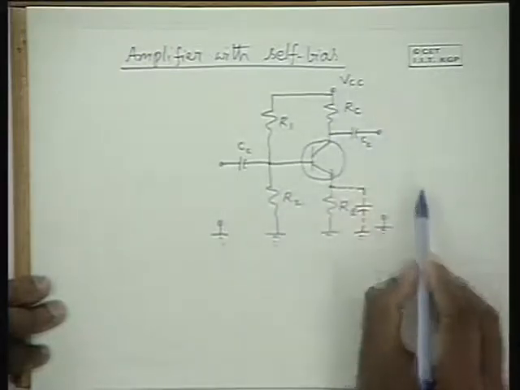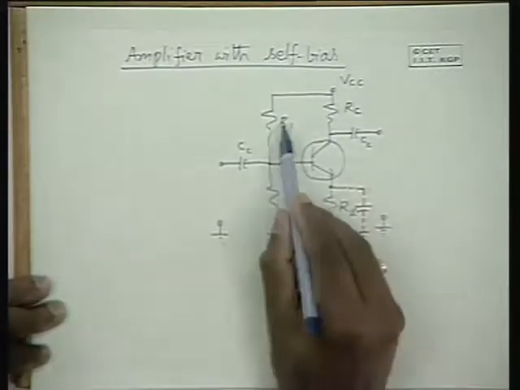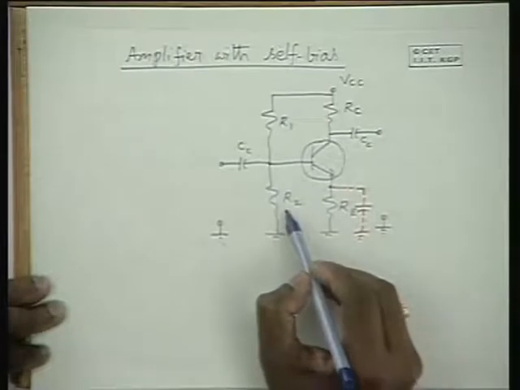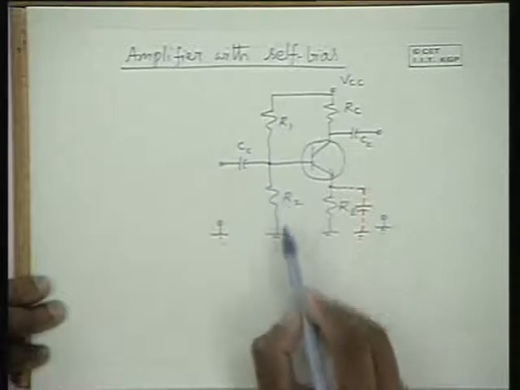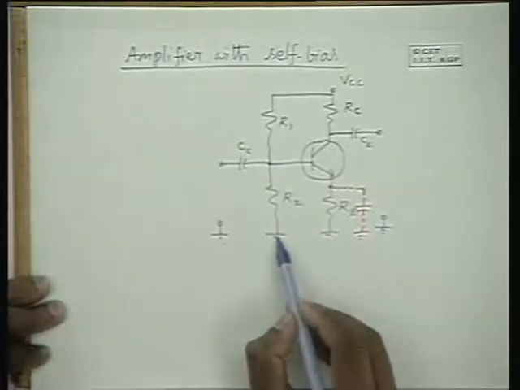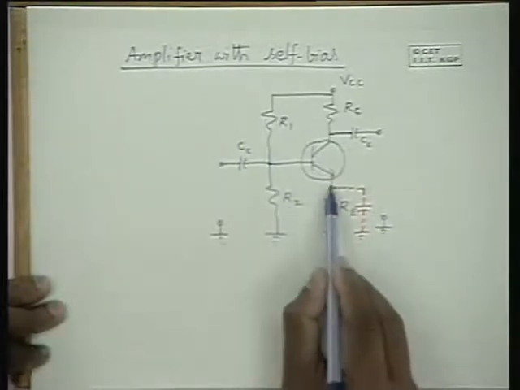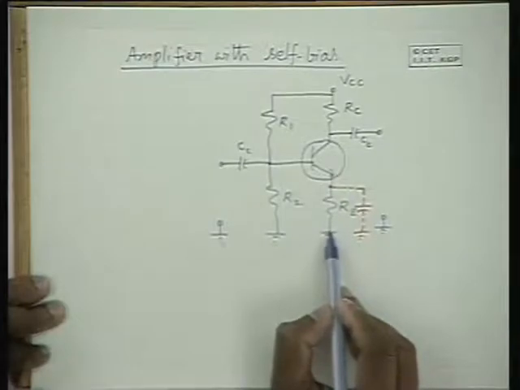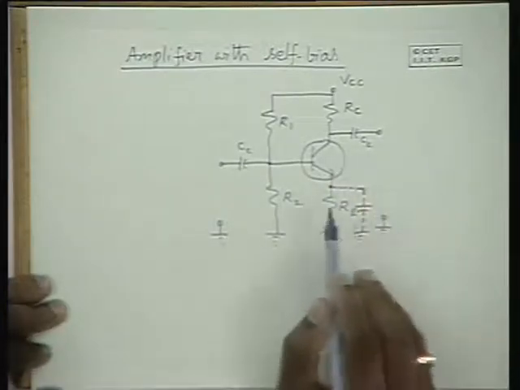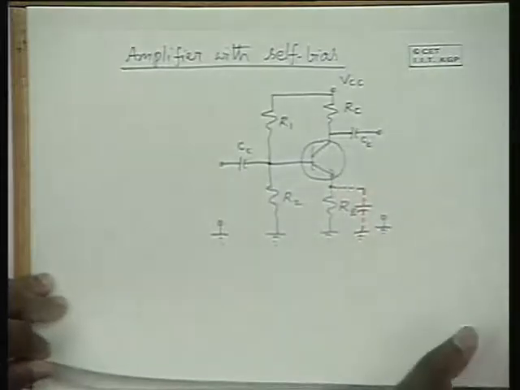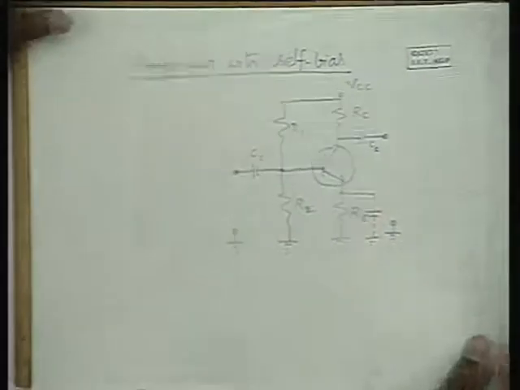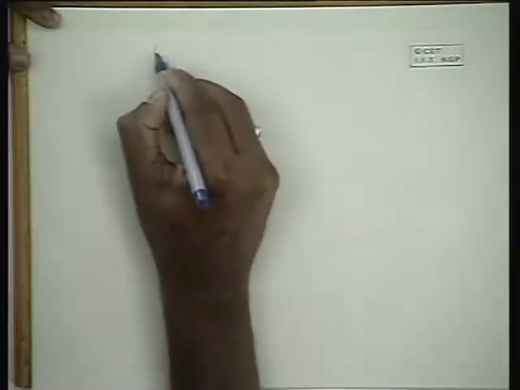Once you replace VCC by a short circuit, R1 and R2 come in parallel between the base and ground, and between the ground and the emitter you have this resistance. Other than that, the equivalent circuit is similar to what we have got earlier. So let me draw the equivalent circuit of the amplifier.